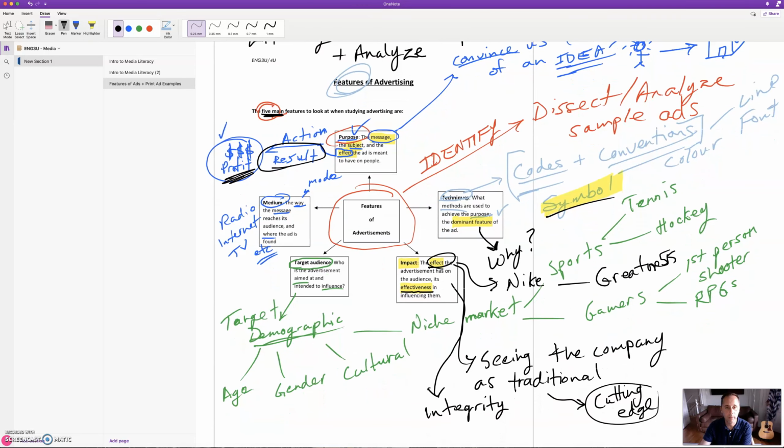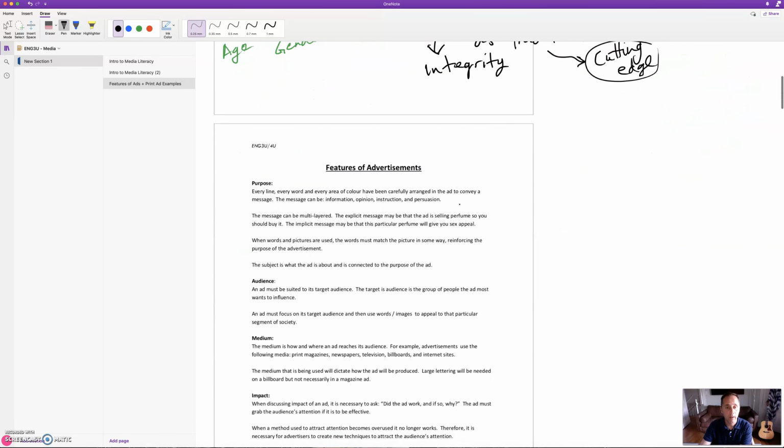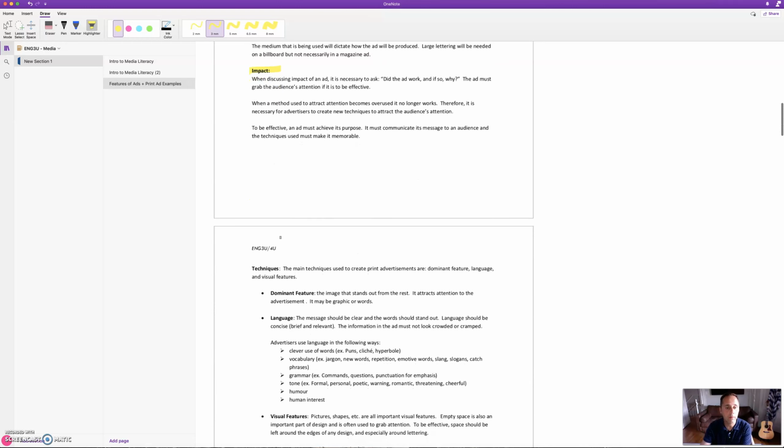So you want to keep those 5 things in mind: purpose, medium, target audience, impact, and techniques as you practice on the practice examples. And here below you have further definitions to give you detail in addition to my explanation as to what these features are. I'm not going to go through them again because I just expounded that for you. So this is your guide.